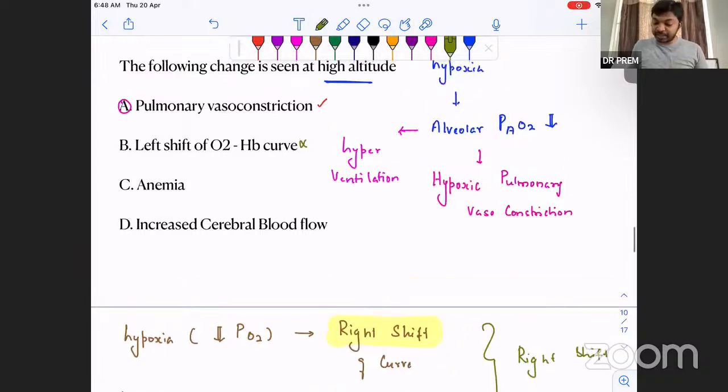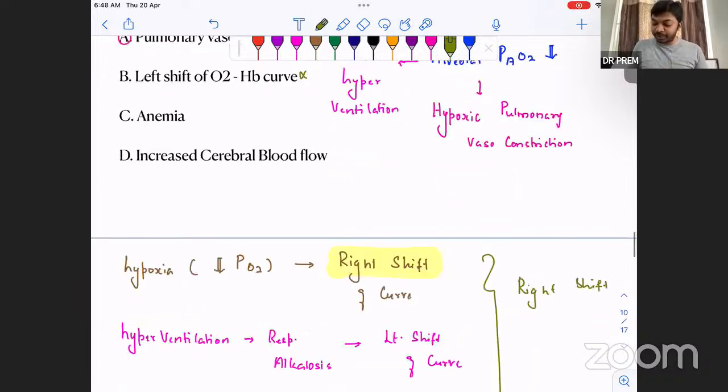Anemia. Yes, among the changes seen at high altitude, there is going to be an anemic environment. Because of the anemic environment, we do see two events. Number one, increased production of 2,3 bisphosphoglycerate. Number two, increased erythropoietin production. Is this anemia real? Not exactly. It's going to be an apparent anemia.